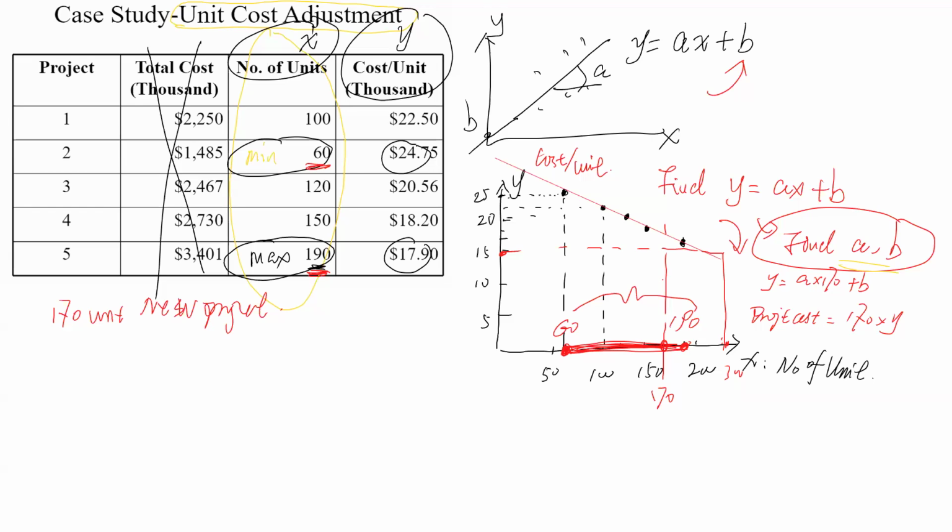So we have two data points here: x1 is equal to 16, x2 is equal to 119, and the corresponding y1 is equal to 24.75, and y2 is equal to 17.19. Does that make sense?